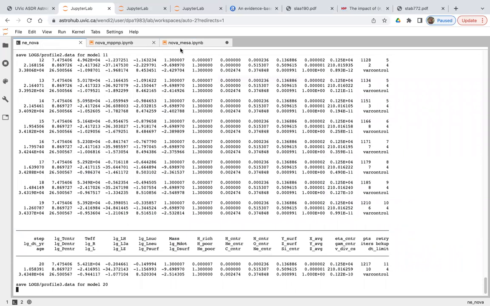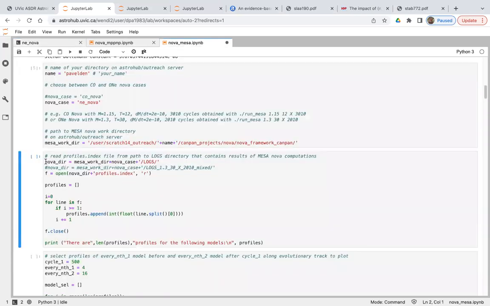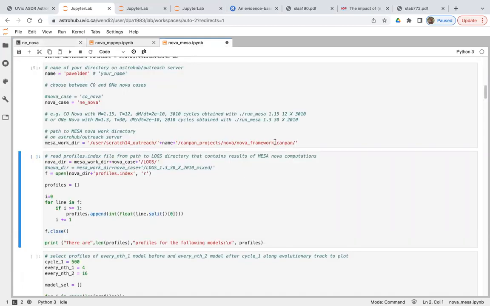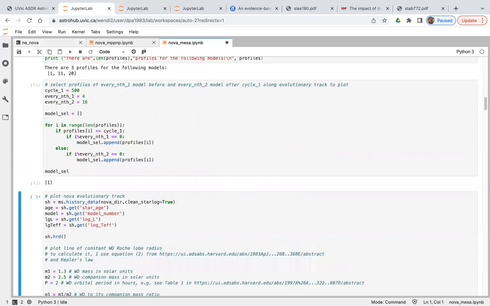In this case, you choose just the logs directory. This is the default MESA directory. And let's see what so far the code has achieved. Not much, only 22 models have been calculated, as you can see, but let's check. Yeah, 20 models.